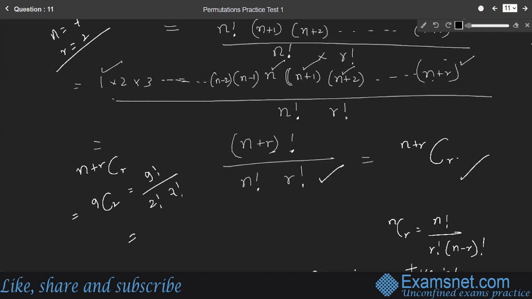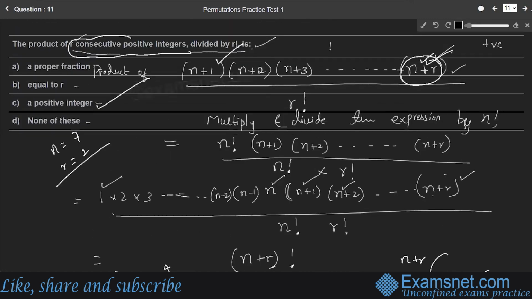Factorial 7 in 9 factorial will get cancelled. You have 9 into 8 by factorial 2, so 9 into 4, and you will get 36, a positive integer. So for the given question, option C is the right answer.